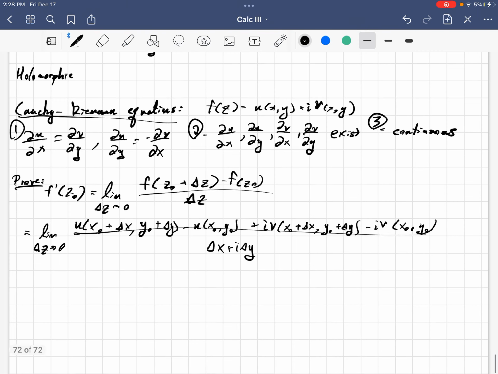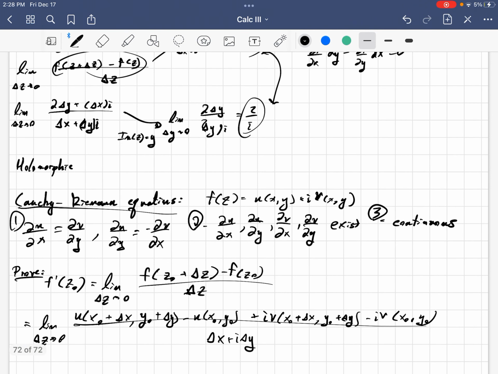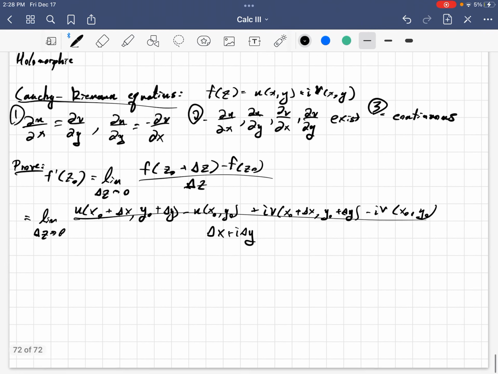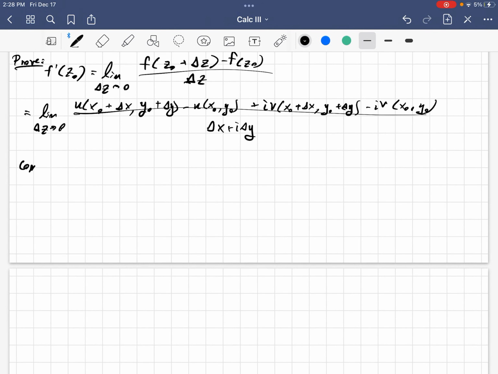Okay, now something that I need to mention here is that the complex derivative is just a special case of the directional derivative, right? The directional derivative is thus far the most general type of derivative that we know.